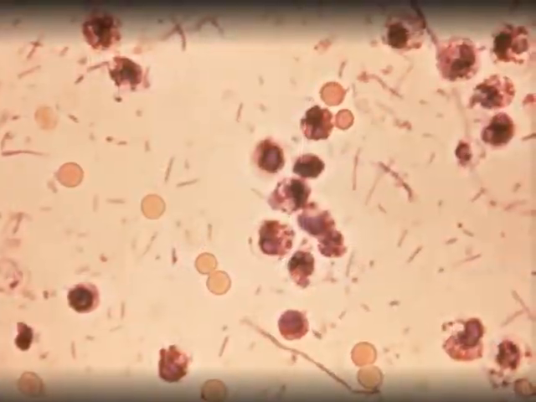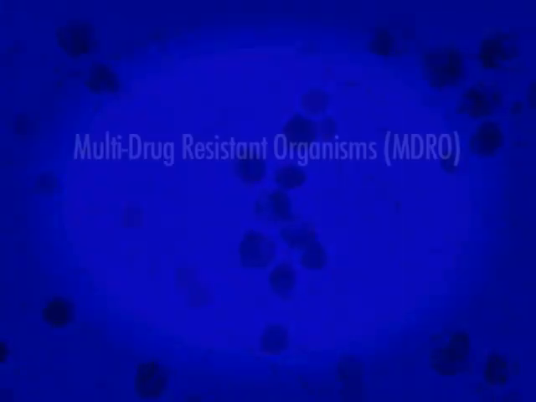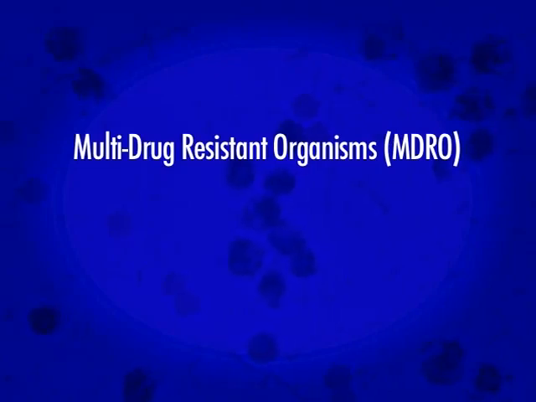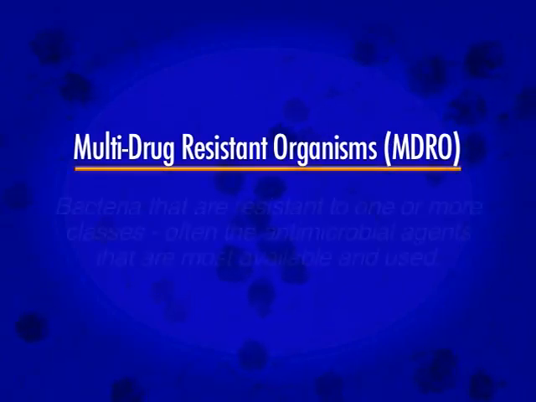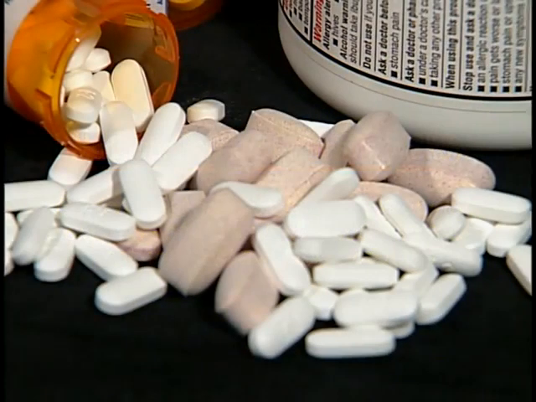But another factor draws more attention to the importance of infection control: multiple drug-resistant organisms. These are microorganisms, predominantly bacteria, that are resistant to one or more classes of medication, often the antimicrobial agents that are most available and used. Organisms can become resistant if antibiotics are prescribed when they are not needed.